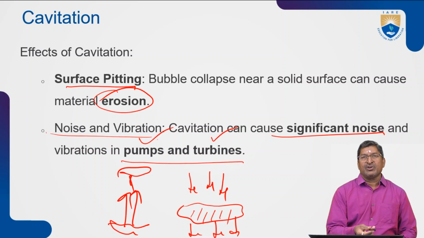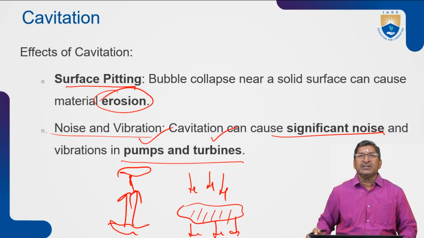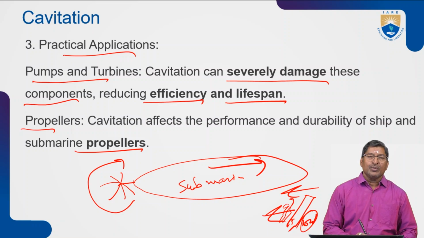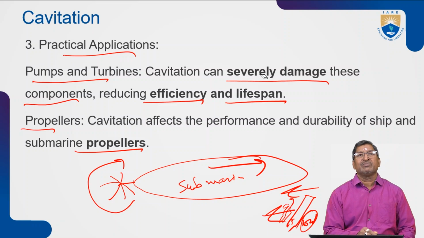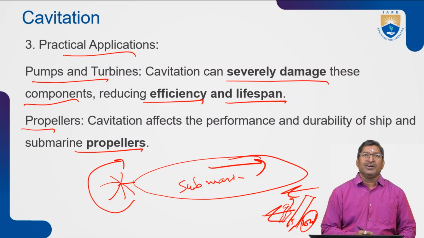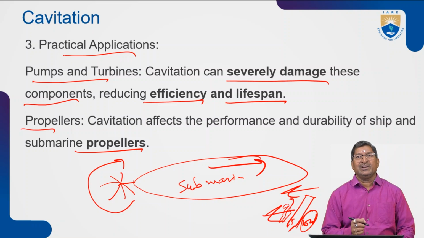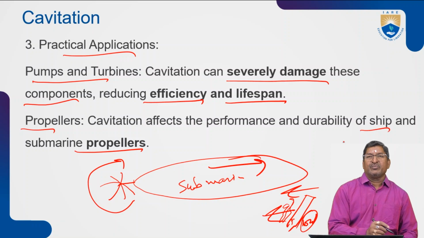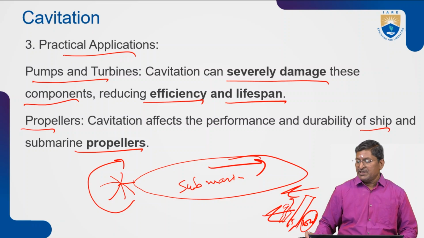They will damage the components of pumps, turbines, submarines and so on. In practical applications, cavitation will severely damage the components of pumps and turbines, so that efficiency and lifespan will be reduced. The ship and the submarine have propellers, and the propellers will also be damaged due to cavitation.